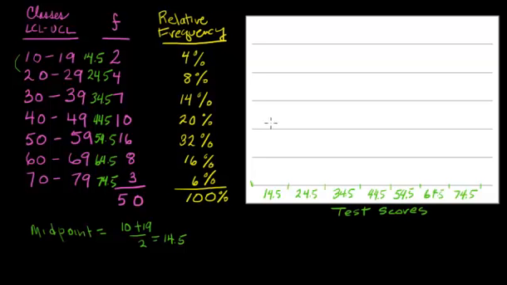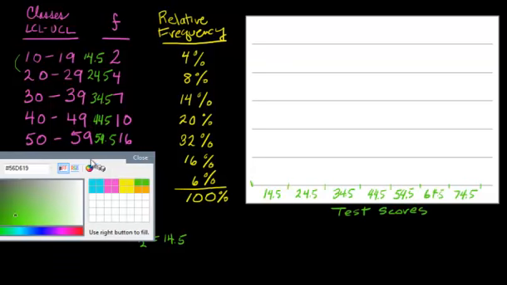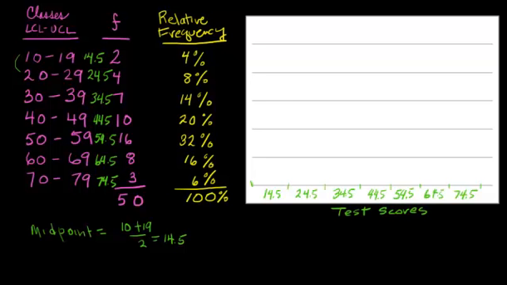Okay. So now we want to draw our histogram using the frequency data. So I need to set my scale over here. Let's see. We'll use this color. Okay. So for my scale here, let this first mark be a frequency of 5, 10, 15, 20.